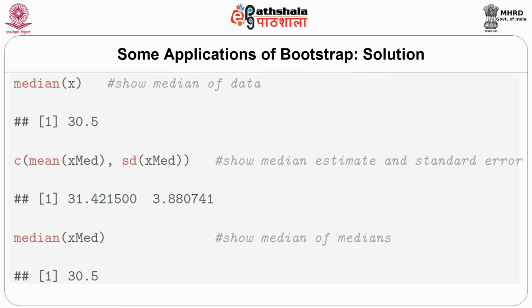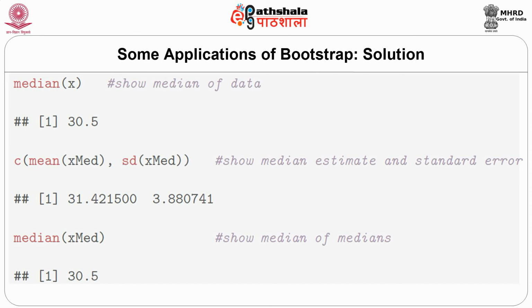We can use this to compute an approximate confidence interval for the medians also, and if we take the median of the bootstrap medians, that value comes out to be 30.5, which is the same as the median of the original data.